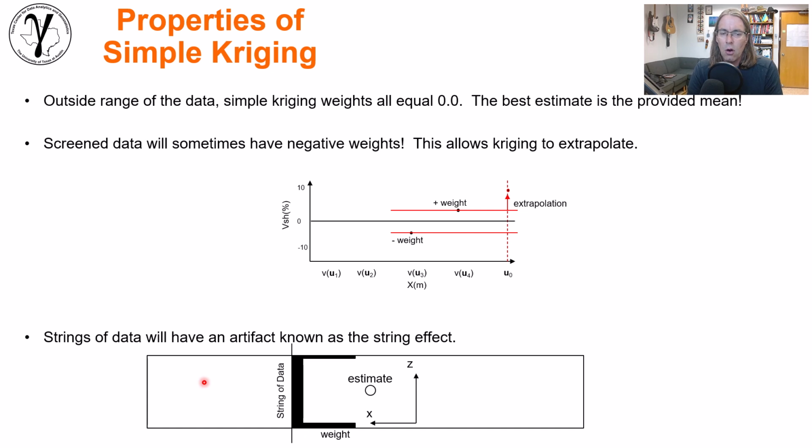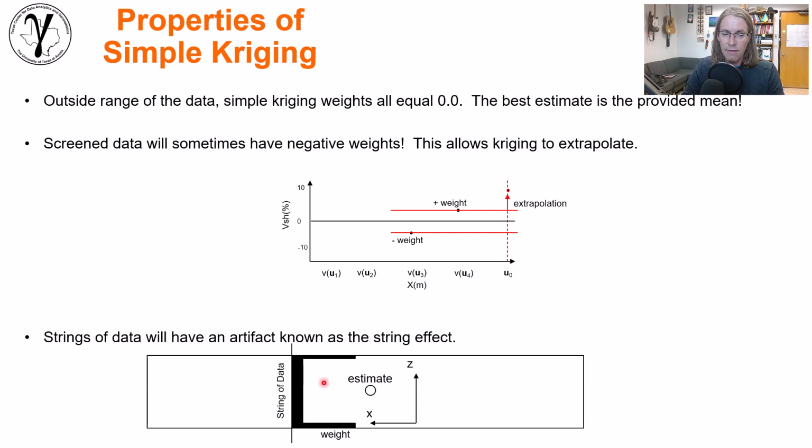Strings of data will have an artifact sometimes known as the string effect. What does that mean? If you have a lot of data on a string, but you have good horizontal spatial continuity, you'd imagine that you should have greater weight right here where you're closer. Closeness is important, right?